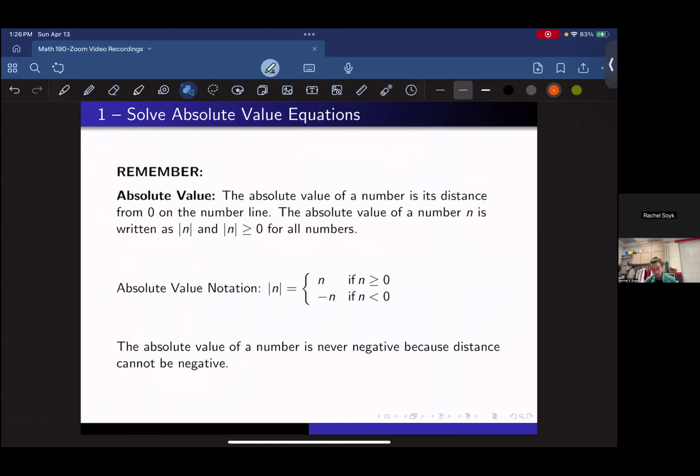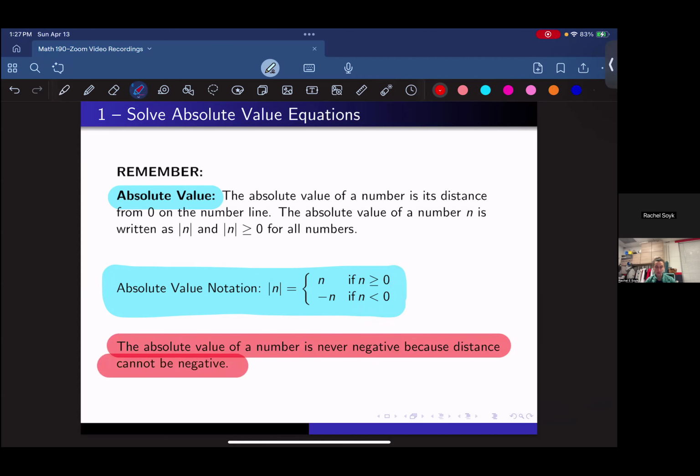So now we have a notes page, really highlighting our formal definition of absolute value. Distance away from 0, distance is always positive. And then we have the mathematical notation, and why don't we keep it as the same color? But this is our absolute value notation when it comes to mathematics. That absolute value of n represents both n and -n with these following ranges. Okay, distance can never be negative.